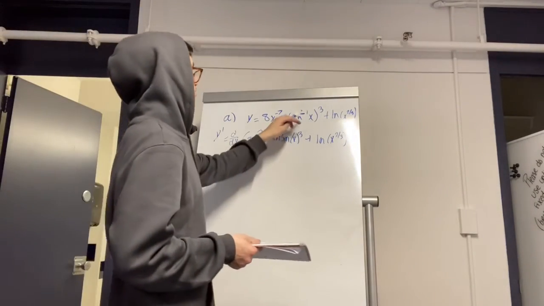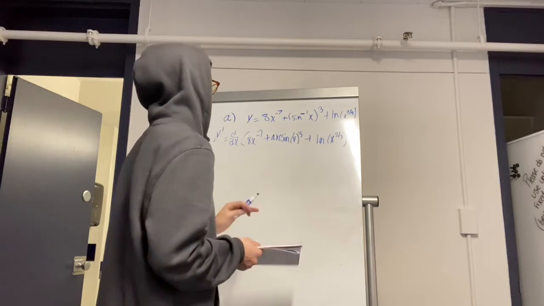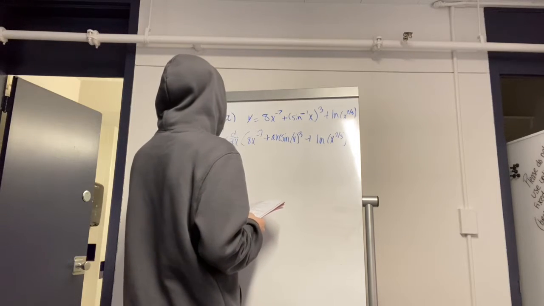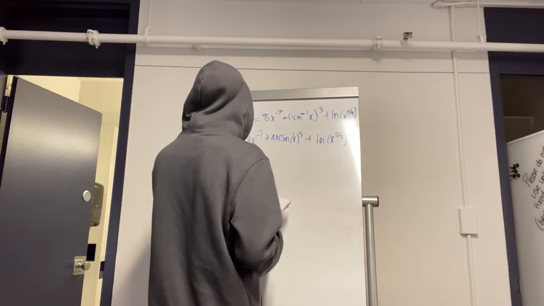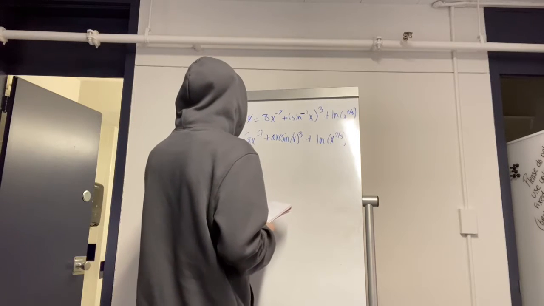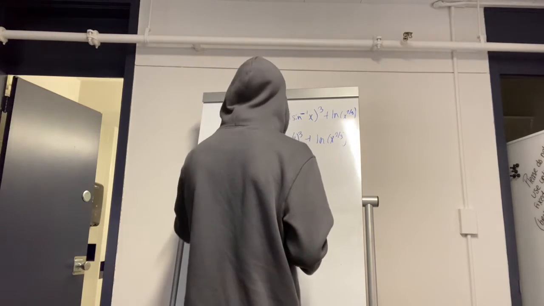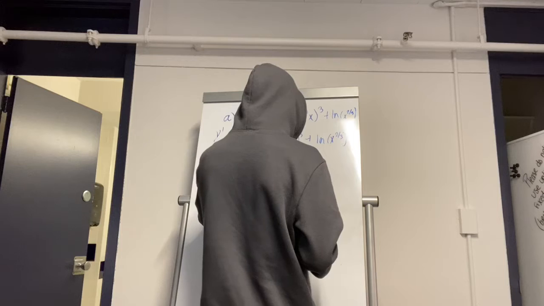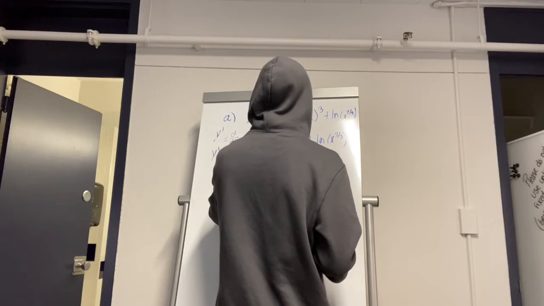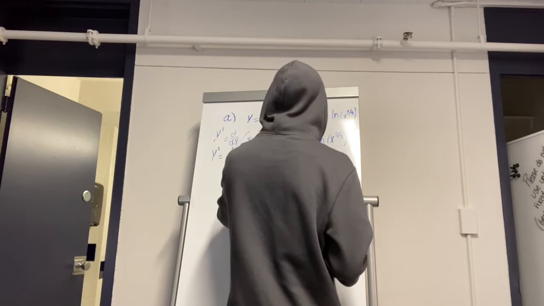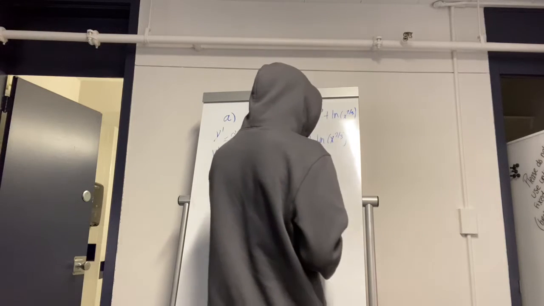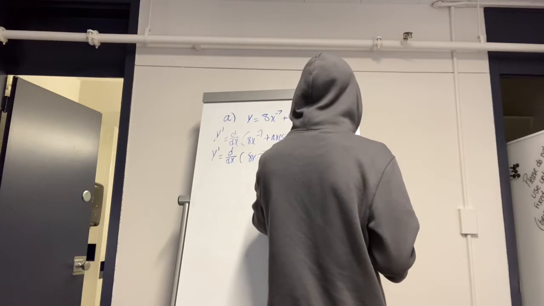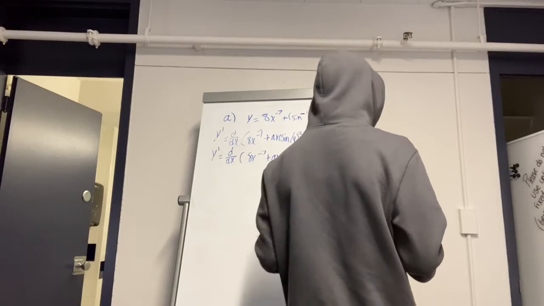To help simplify this, we're getting rid of that sine to the negative 1st x and just switching it to arc sine. Step 2. Plus 2/3 natural log of x.